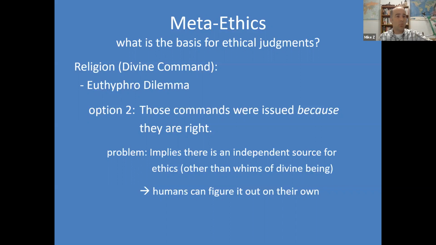That we could figure out what those reasons are. Why did this divine being tell us that murder is bad? Well, we could figure that out for ourselves and come to the conclusion that murder is bad without the divine being telling us so. And in fact, this is what atheists end up doing, right? Atheists are no morally worse than religious people.